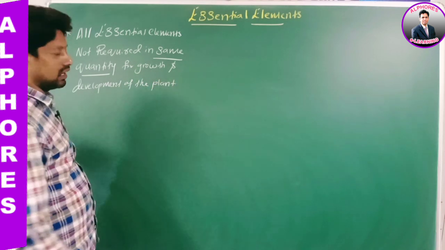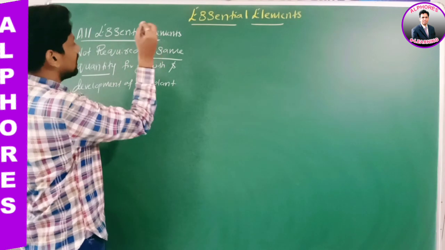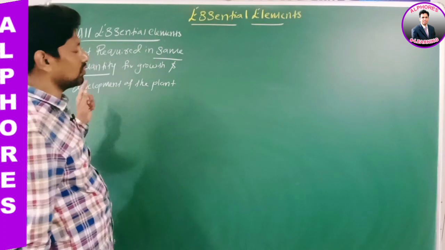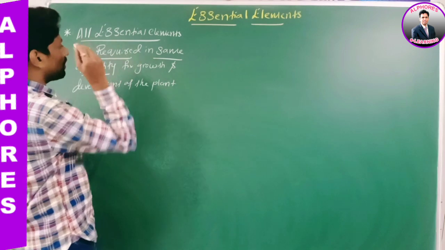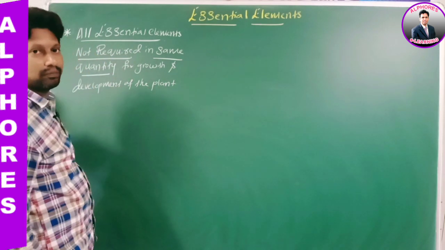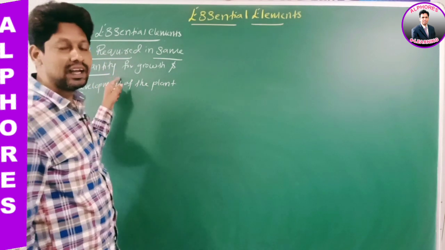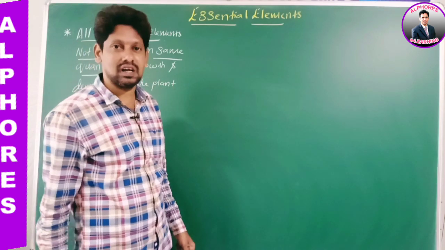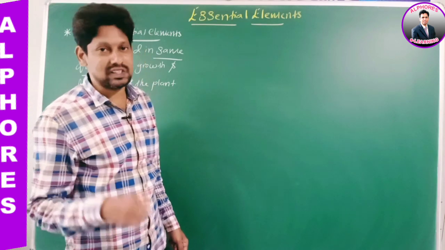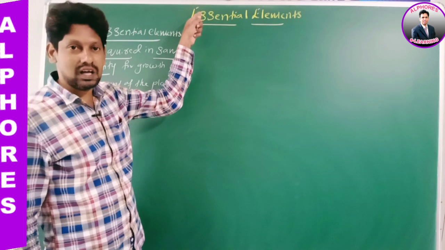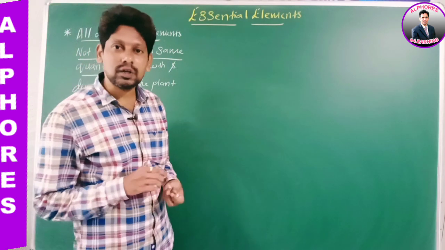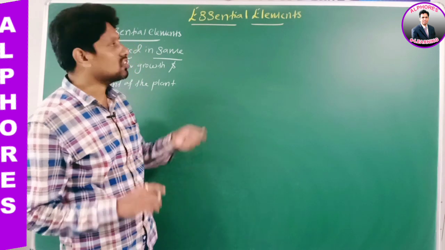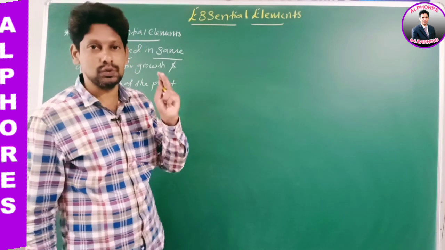Is this statement okay? All 17 essential elements are required for growth and development of the plant. But are they required in same quantity? No. Based on quantitative requirement, that is, in what quantities these essential elements are required for a plant, these essential elements are classified into two groups.